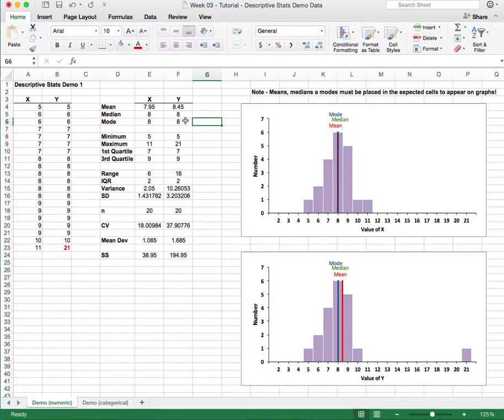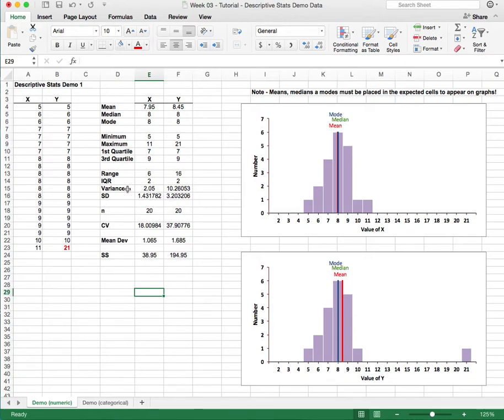The mode is still 8 because 8 is still the most common value. And minimum didn't change. The maximum clearly changed because that is what we altered. But if you look at here, okay, the interquartile range didn't change very much. Okay, well, it actually didn't change at all.